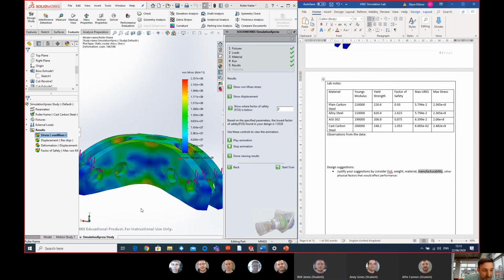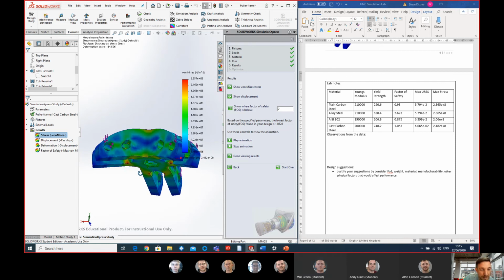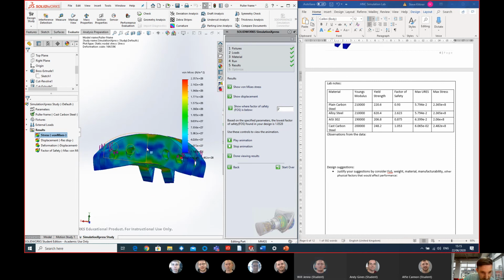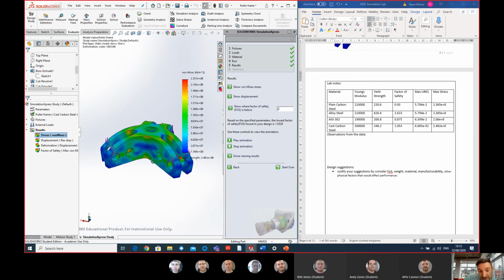How am I actually going to make this part? By adding some cutouts in here, which I could quite clearly do through this little cross section, is that really going to give me any benefit once I try and manufacture this? So if I add complexity into my manufacturing and into my design, is it really going to give me a benefit?